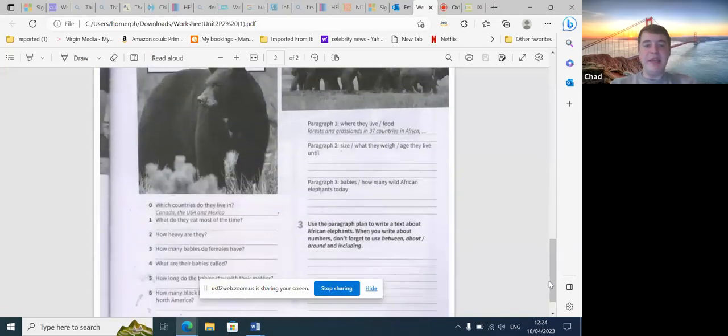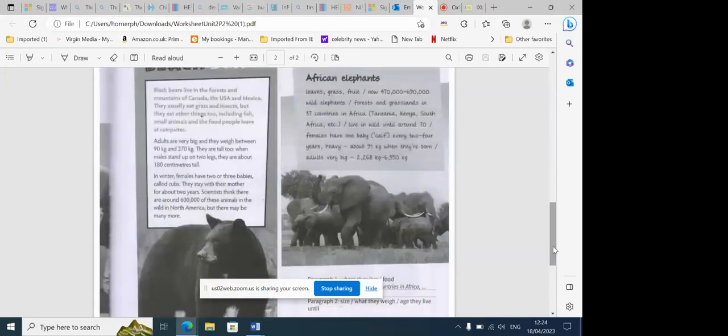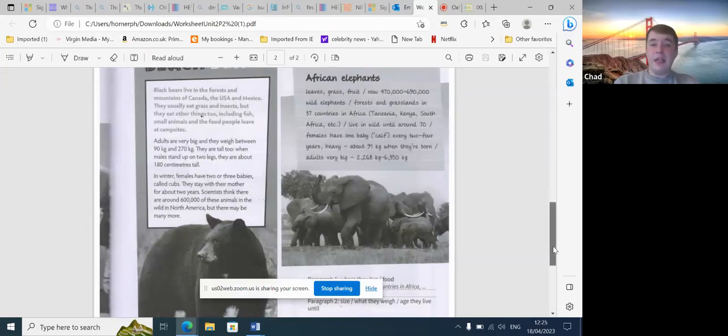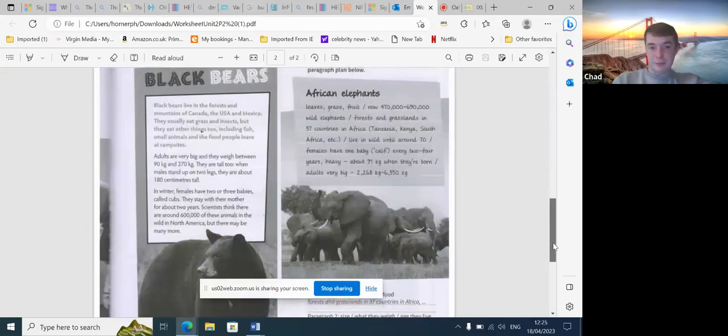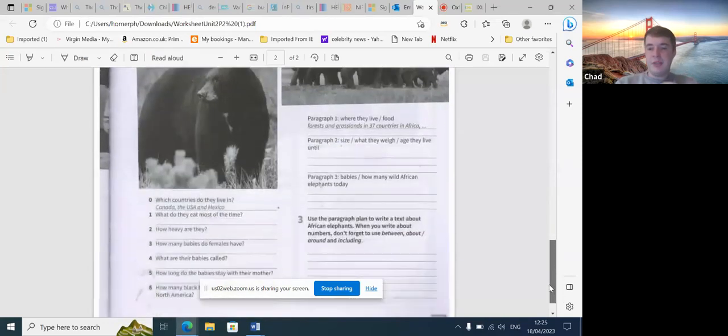And men, how heavy are they? It's about 90 to 270 kilograms. So that would be the adults, wouldn't it? The adult black bears are very big, and they would weigh between 90 and 270 kilograms.